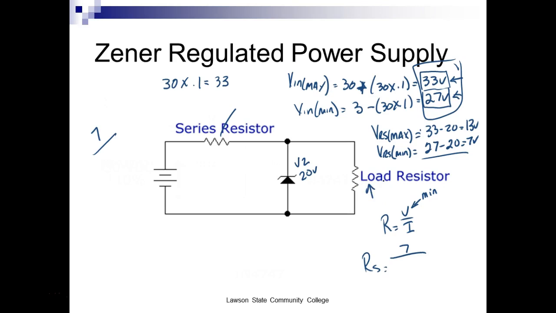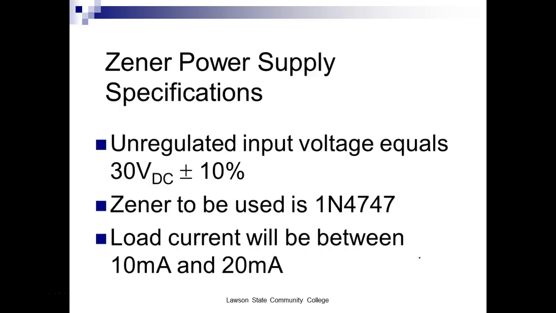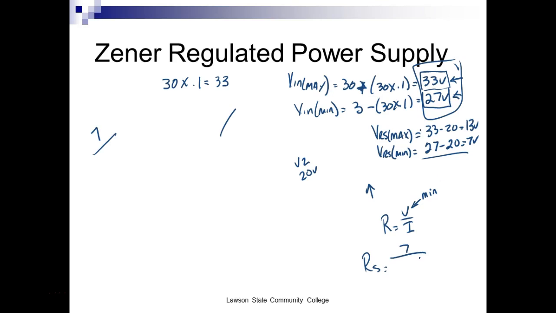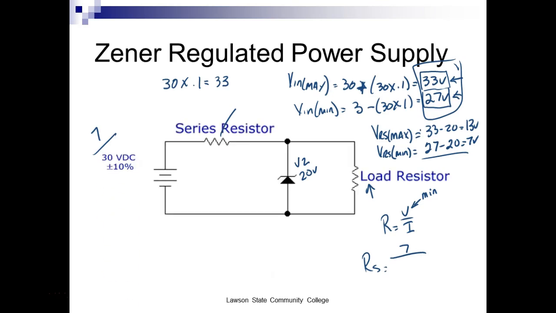We want it to drop the minimum voltage over the maximum load current plus IZK. So what's my maximum load current? I guess I should have written that down. 10 to 20 milliamps. Sorry guys, that was my fault.